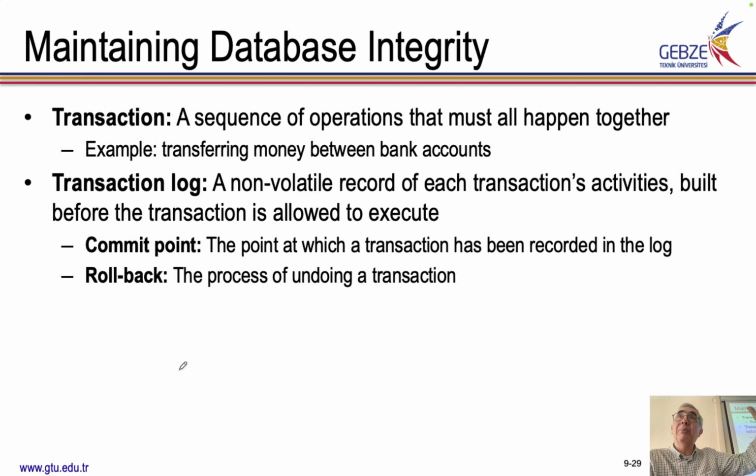At each step you might fail. So if you fail, the transaction is not complete, you roll back. And if it is complete, we say it's committed. It is also recorded in the log file. That is fine, that is done. So it is like a stamp. We make sure that it is completed.